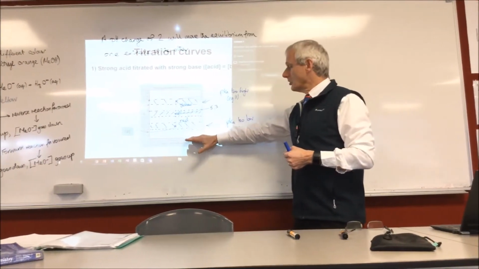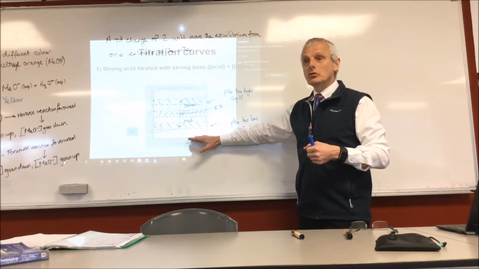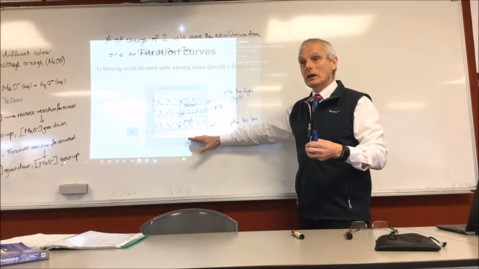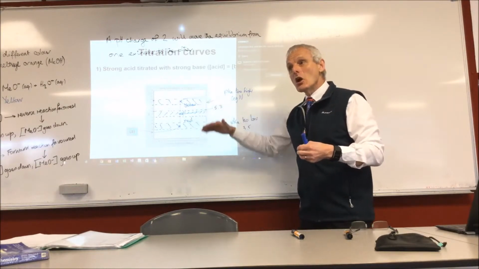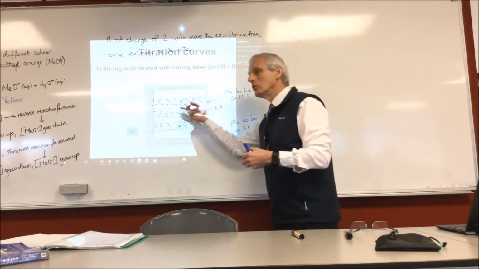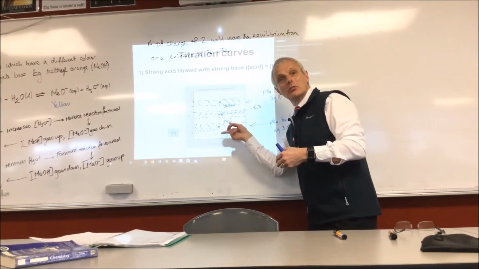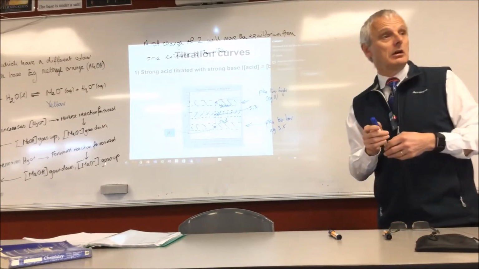So things with low pKa's you would use in a titration where you've got a weak base, because the weak base has got a low equivalence point because it's forming the conjugate acid, so the equivalence point is lower and you need a pKa that's lower.